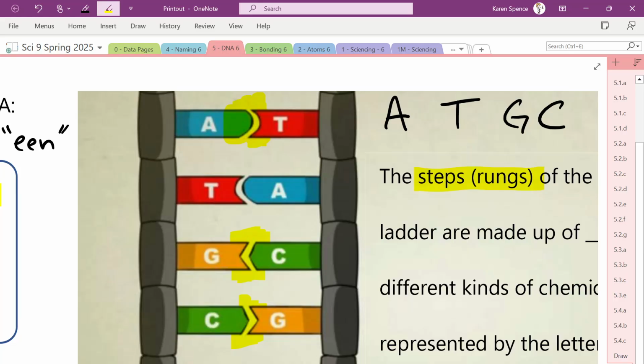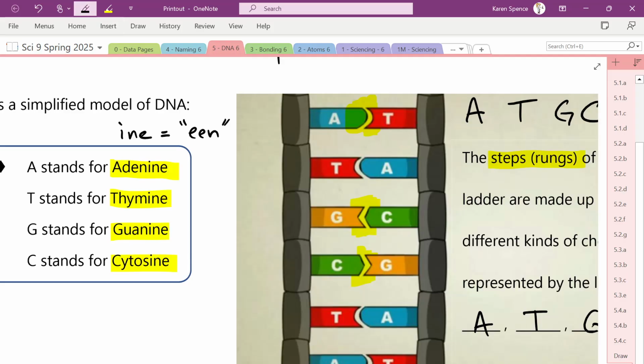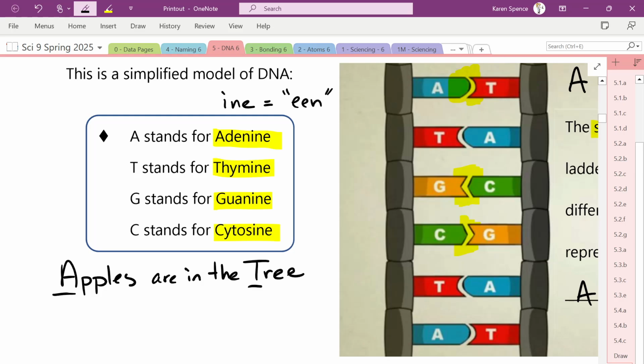No. So A goes with T and G goes with C. And there's a way of remembering that. Apples are in the tree. So A goes with T. And the car goes in the garage. So C goes with G.